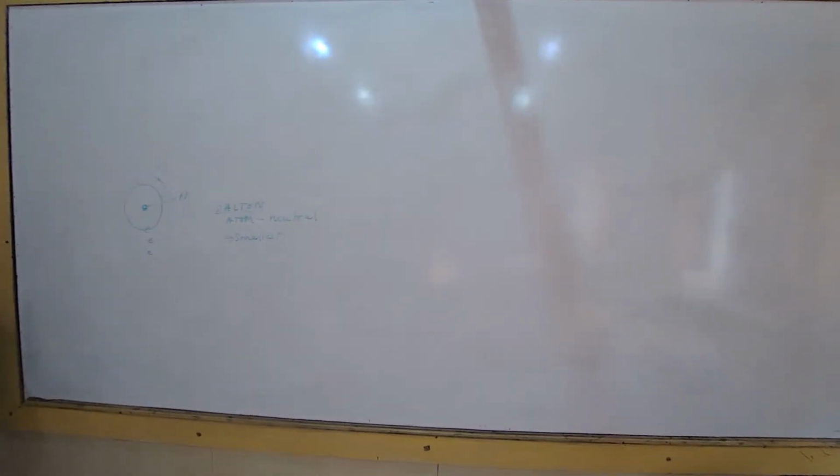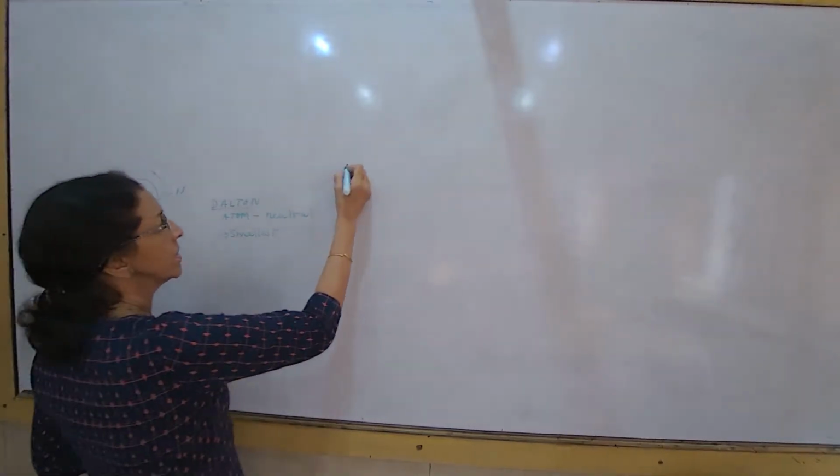So in the late 1800s and beginning of the 1900s, there were a lot of scientists who wanted to know what is present, what would be the shape, what would be the structure of an atom. Okay. The first one who put forward a theory was Thomson. First let's talk about Thomson's idea.